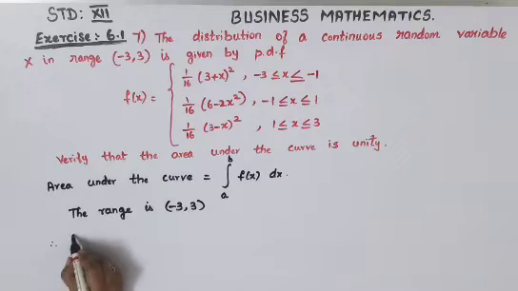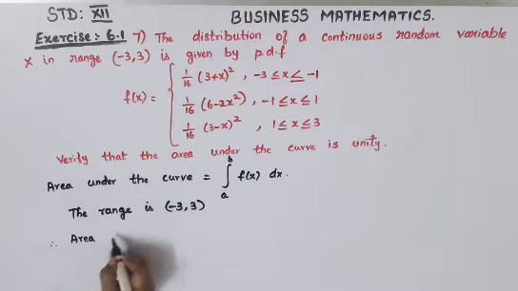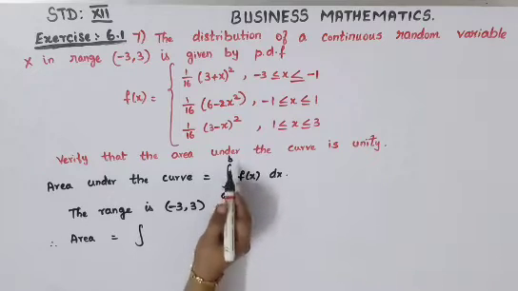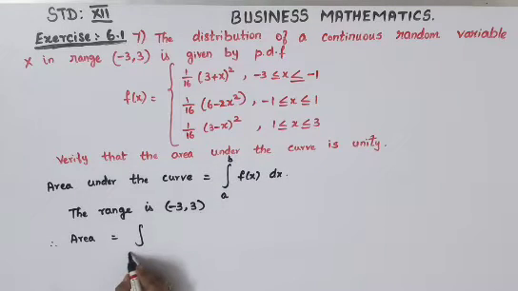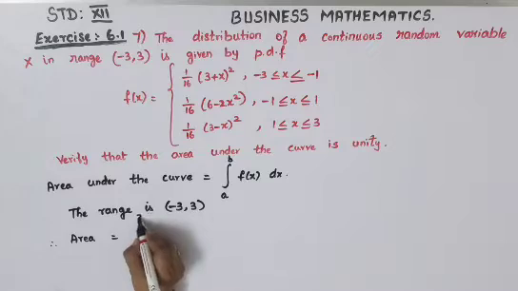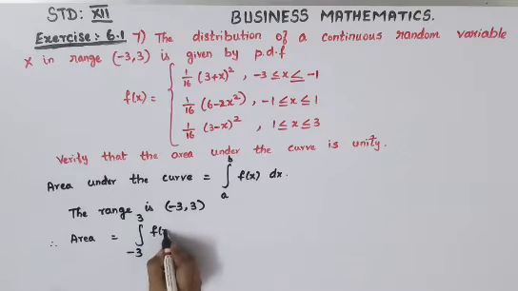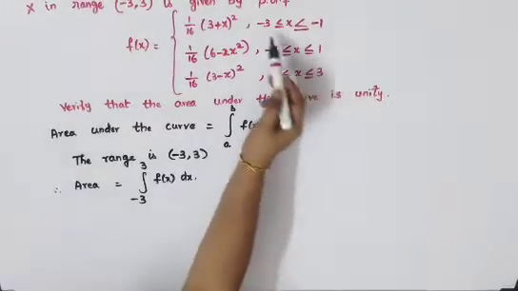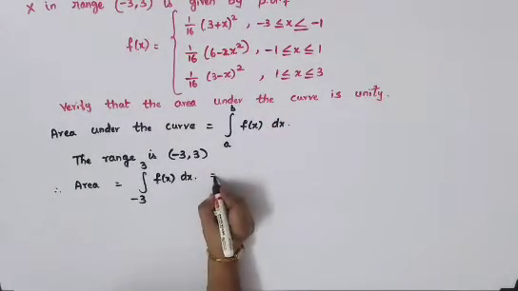Therefore the area is, our range we'll have to substitute. Okay, in the place of a and b we'll have to substitute our range. So it is integral -3 to 3 f of x dx. The interval from -3 to 3 is split up, so according to that we'll have to split it up.